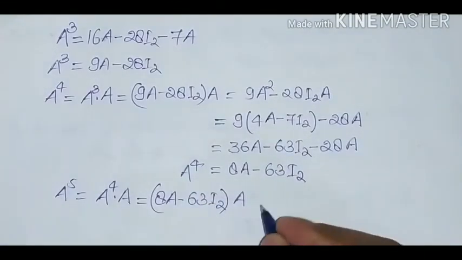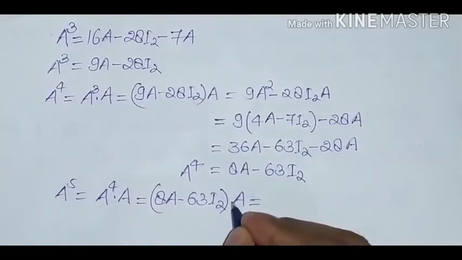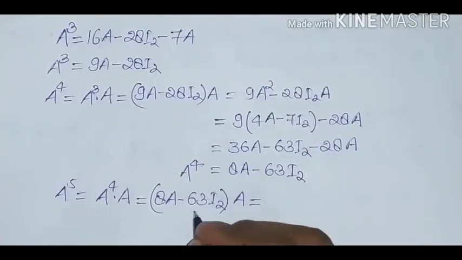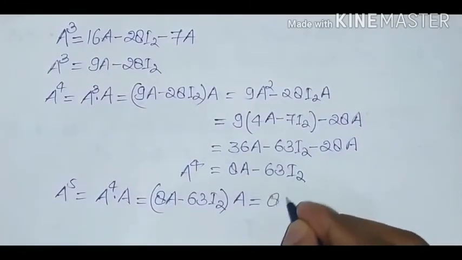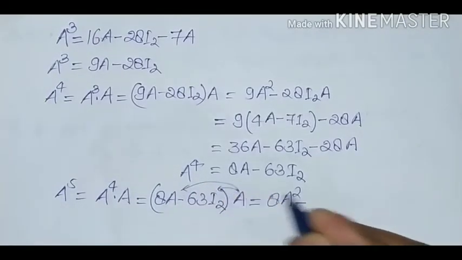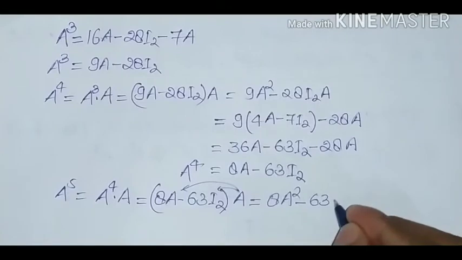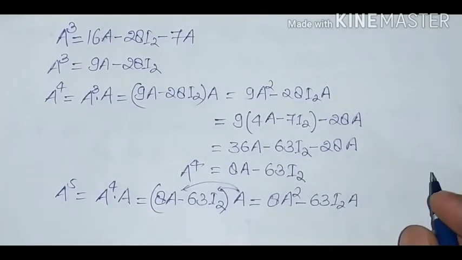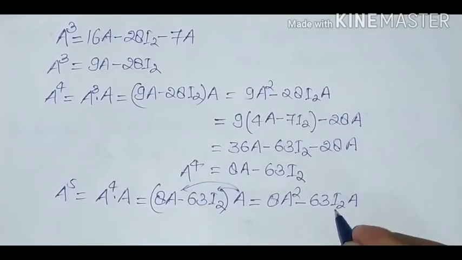The multiplication of these two matrices is 8a square minus 63 I2 into a, and I2 into a will be a because this is an identity matrix. Identity matrix into a or a into identity matrix will be a.